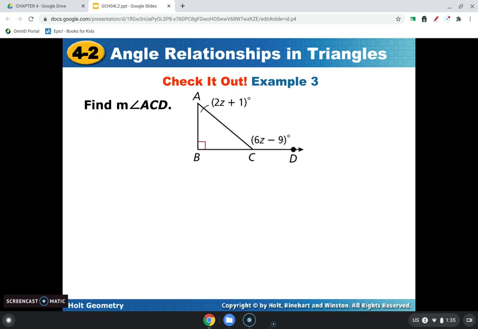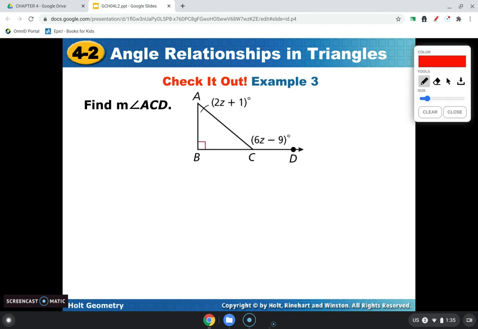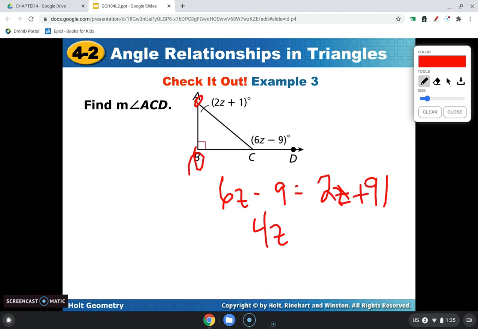Okay, let's try that again. 6z minus 9 is the exterior, equals the sum of A and B. 2z plus 1 plus 90 would be 2z plus 91 if you had the 90 and the 1. So I'm going to subtract 2z.